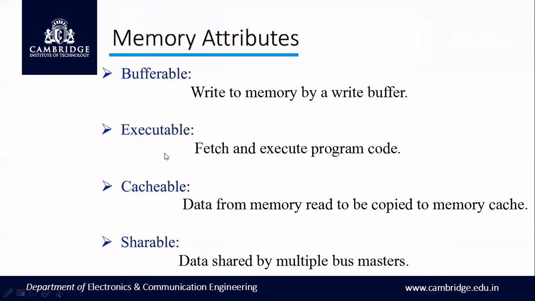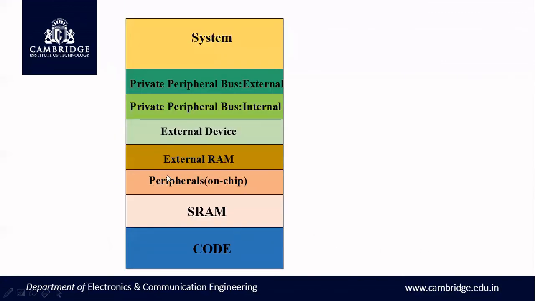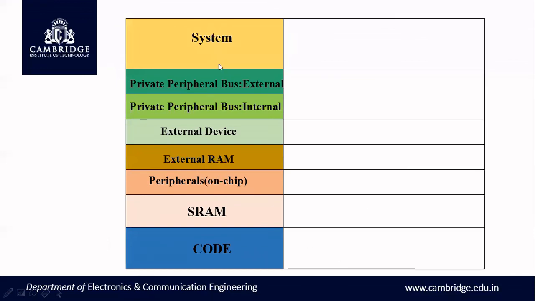So these are the 4 attributes, out of which now we'll be indicating these 3 attributes for each memory region of the memory map. Shareable we are not writing because this basically deals with the bus of your Cortex-M3 processor. Okay, so now let us see what are the attributes available for each of these regions.